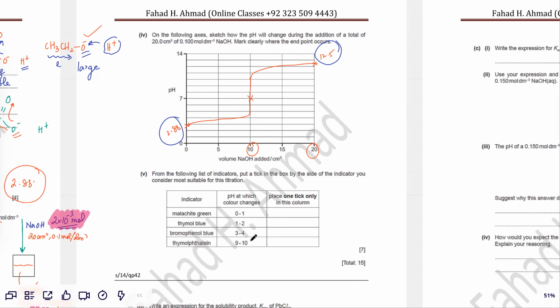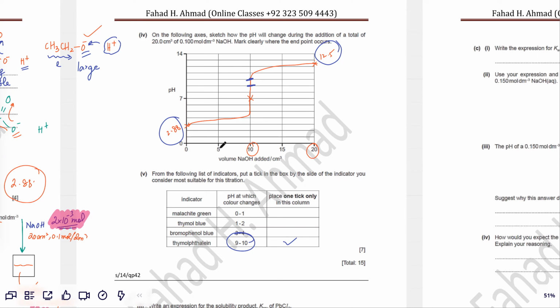So 9 to 10 is going to be perfect, because 9 to 10 is somewhere, 7, 8, 9 to 10 is this part. So it's going to change color between pH 9 to 10. The other ones will not work. 1 to 2 will definitely not work, because the pH curve never goes to 1 to 2 or 0 to 1. 3 to 4 might work, but it would change color somewhere at this point.